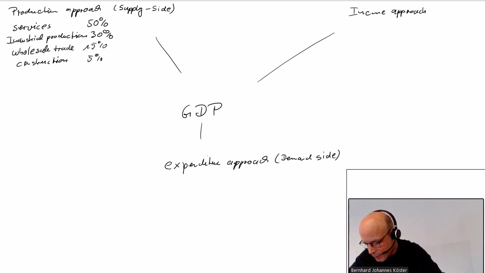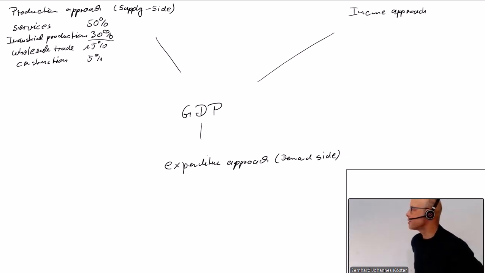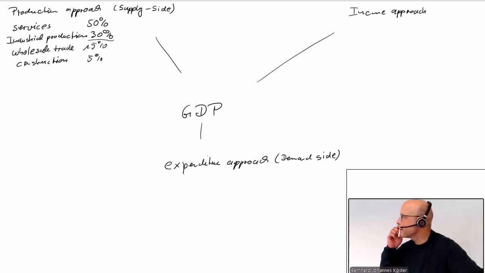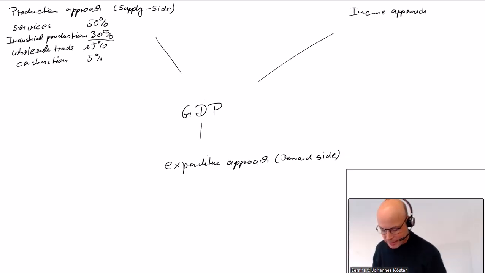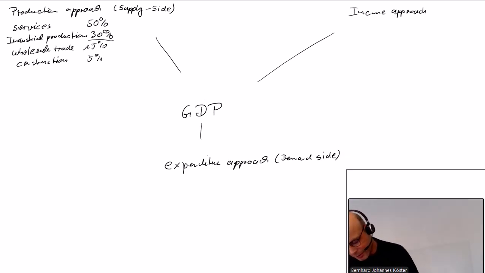Actually we have to have a deeper look, especially in Germany, at this 30% industrial production, since there we see the change, especially for us in Germany in the automobile sector. Then demand side, expenditure approach.